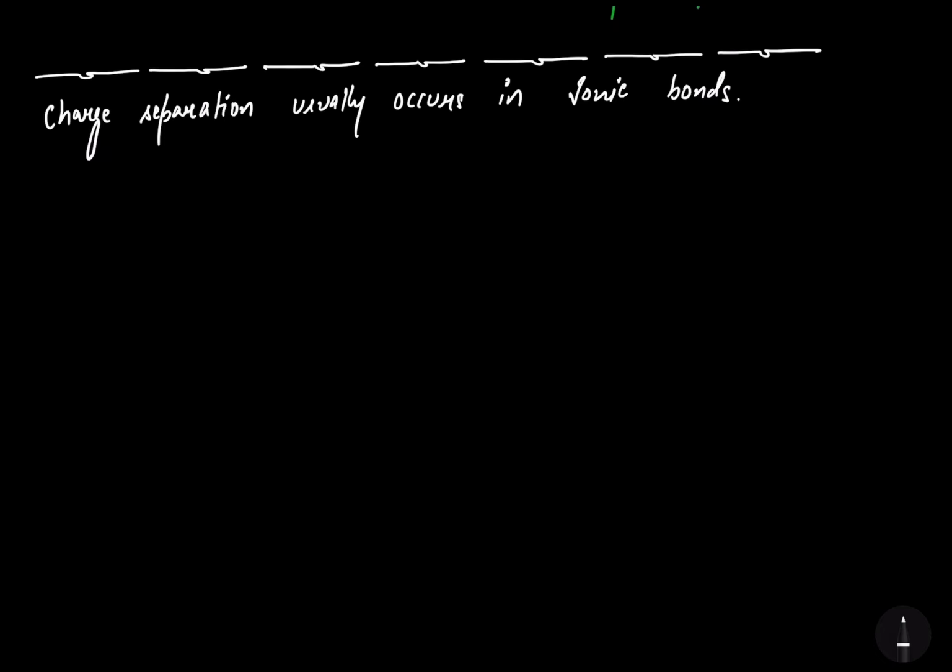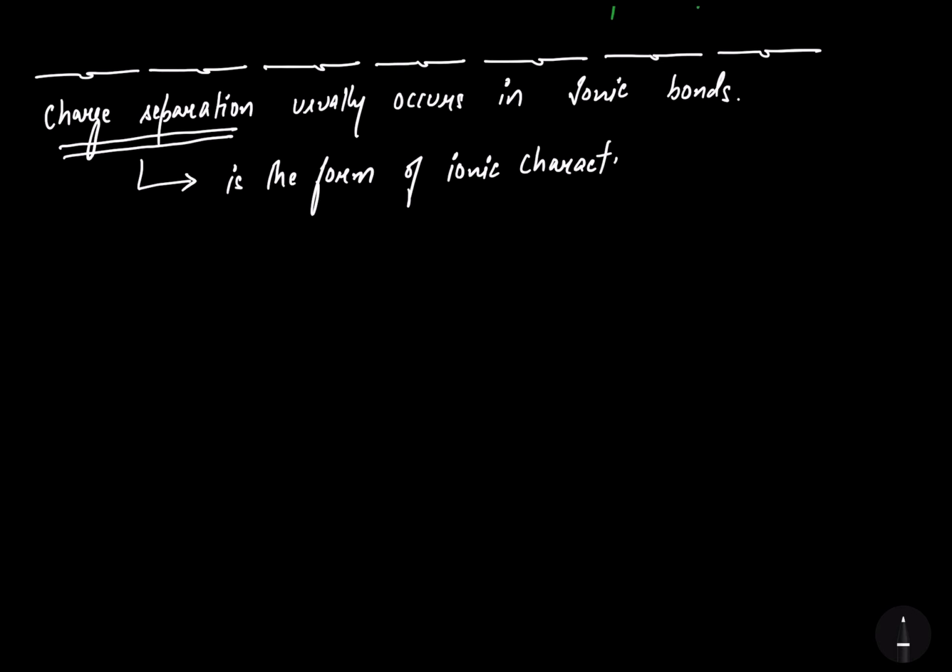So charge separation in covalent bond is the form of ionic character in covalent bond.